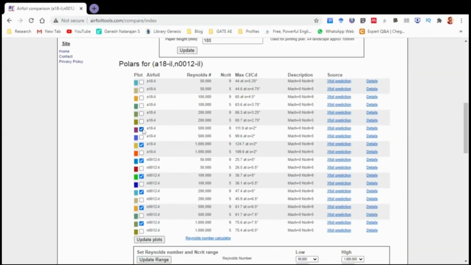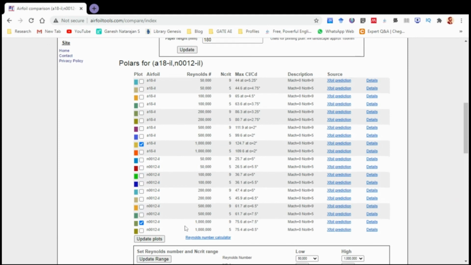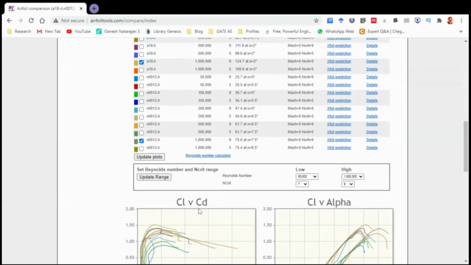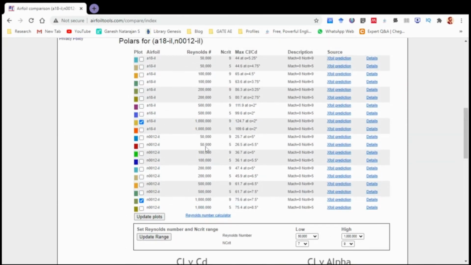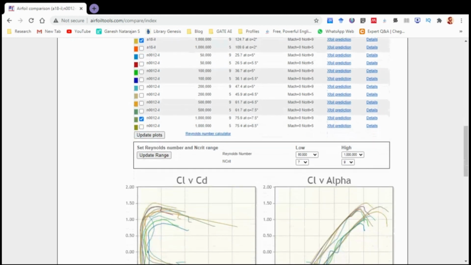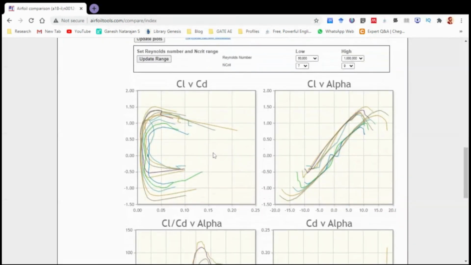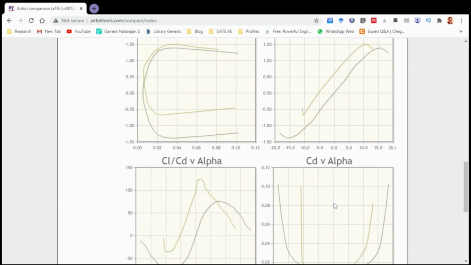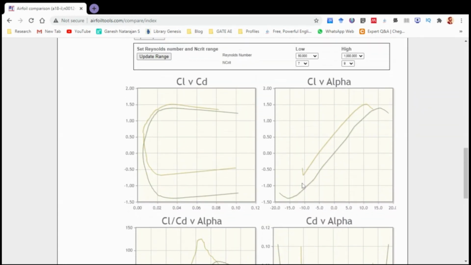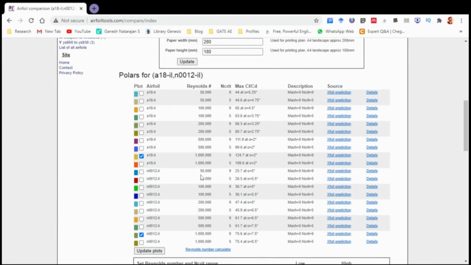Now I am only considering two cases: the 10 lakh case for the cambered airfoil and the 10 lakh Reynolds number case for the symmetric airfoil. Both of them are at different angles of attack. So when I update the plot, we can see the variation.